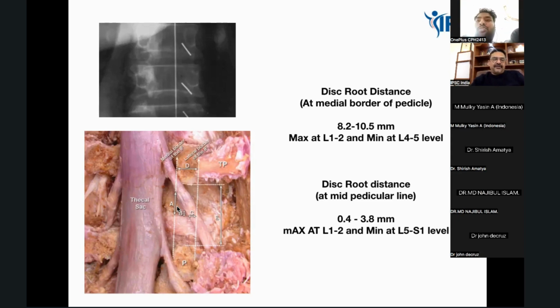So the chances of DRG compression are less if you're doing something at the L1, L2, L2, L3 level, because we have a good distance between the disc and the root. At the mid-pedicular line, this distance is 0.4 to 3.8 mm. Again, it is maximum at the L1, L2 level and minimum at the L5, S1 level.